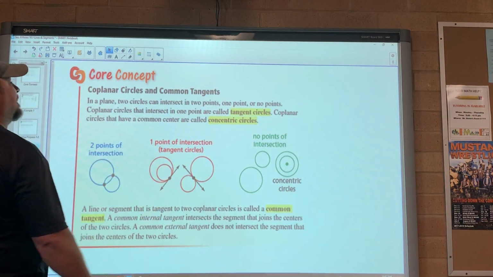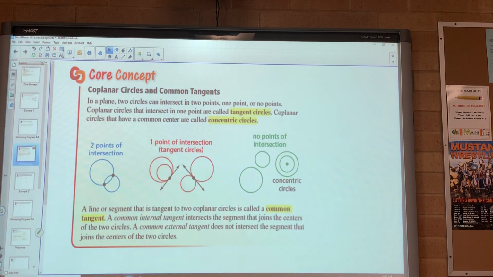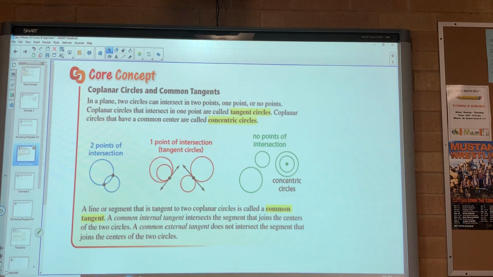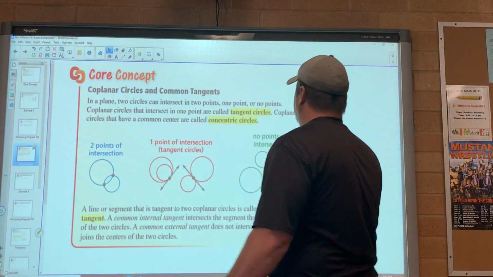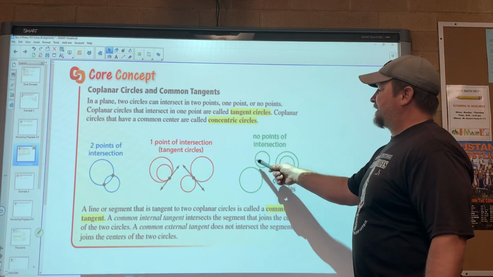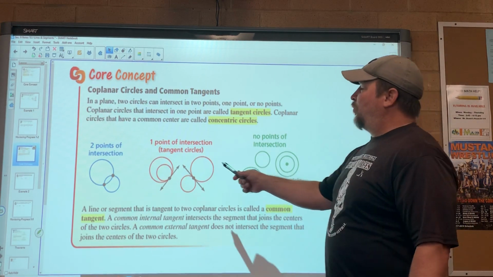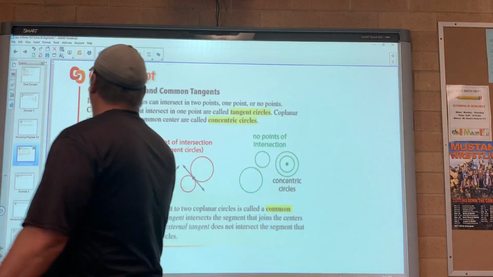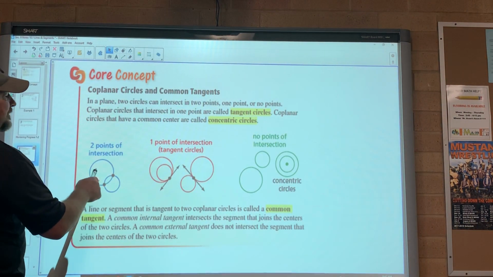Coplanar circles that intersect in 1 point are called tangent circles, okay? Coplanar circles that have common centers are called concentric circles. So over here we have concentric circles, okay? We have no intersecting points here. We have one intersecting point here, and here we have two intersecting points, okay?